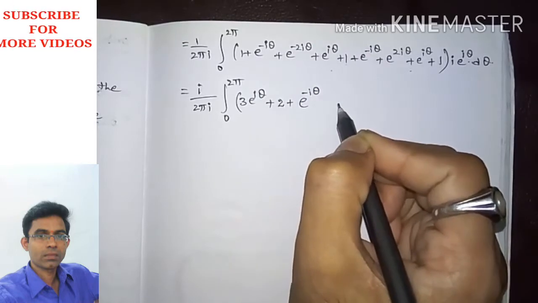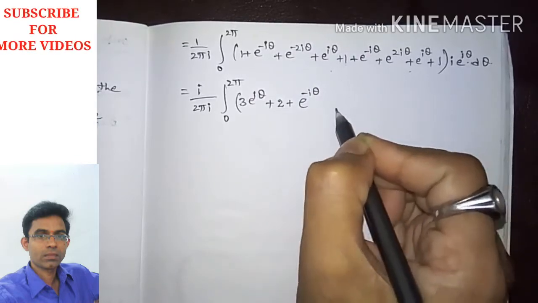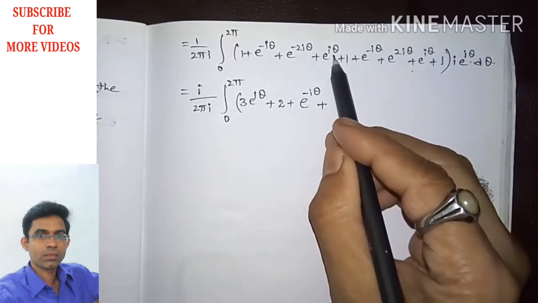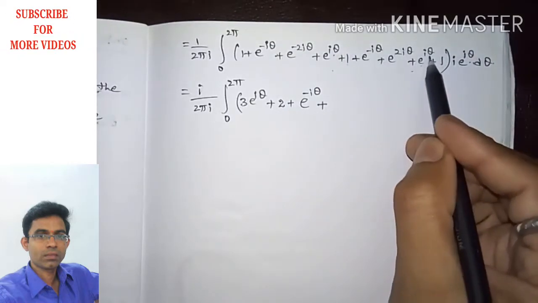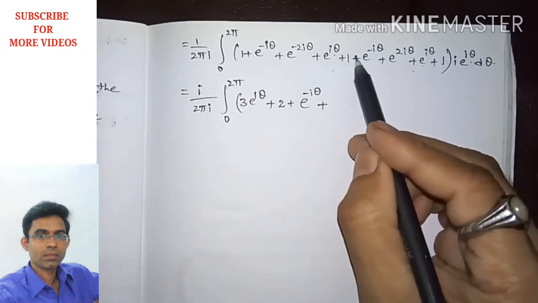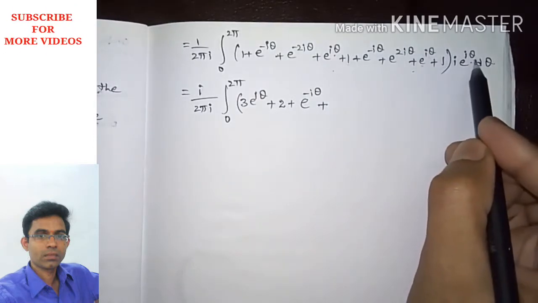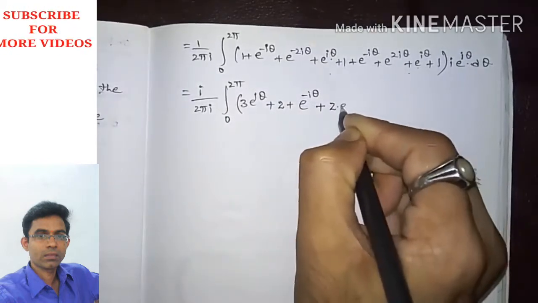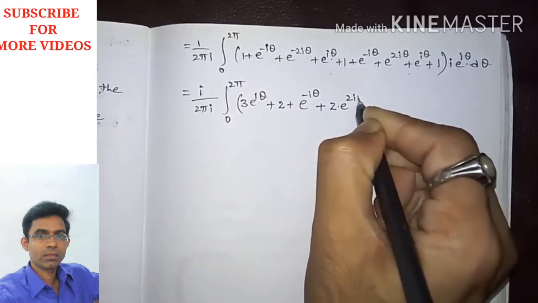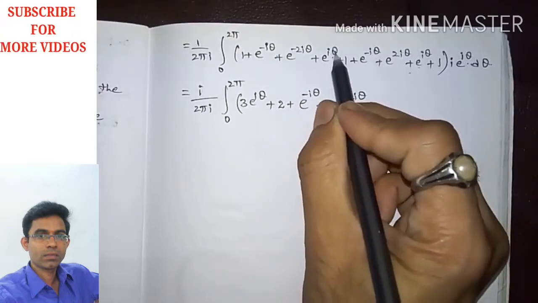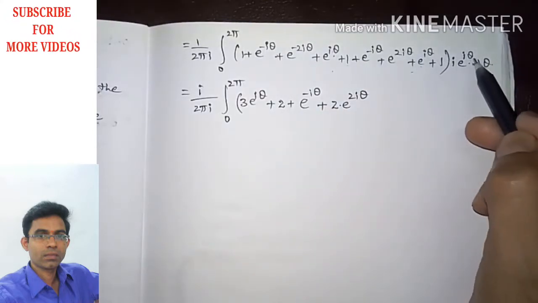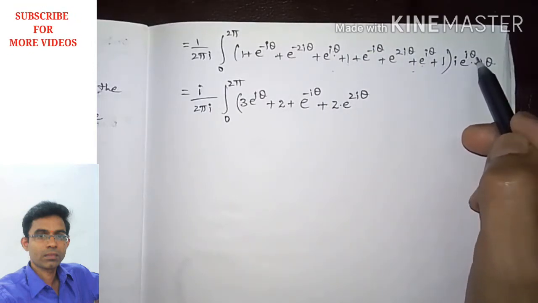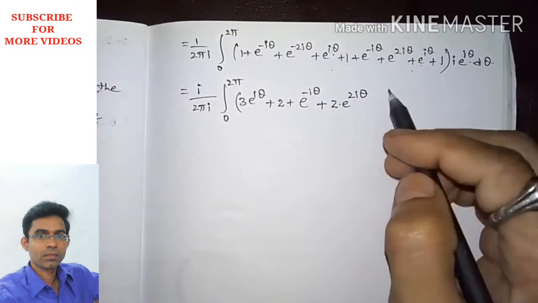Plus next we have e^{iθ} plus e^{iθ}, that means 2 times e^{iθ} into e^{iθ}. So this gives 2 times e^{2iθ}, because this power is iθ and that power is also iθ.